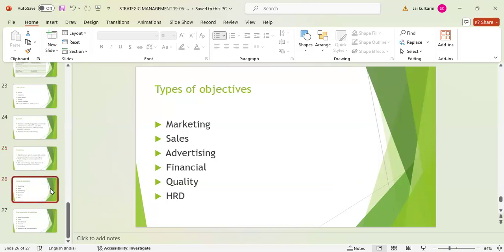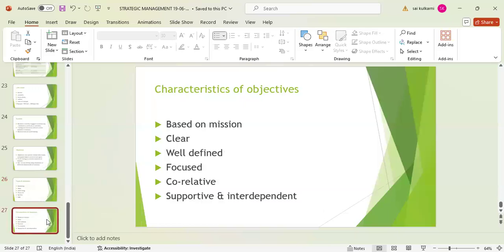There are different types of objectives, like the marketing department has its different objectives. There are targets, there are advertising modules. The sales department has its own objective. So each and every work center or department has its own objective in the same organization. We can say these are the sub-objectives or supportive objectives.